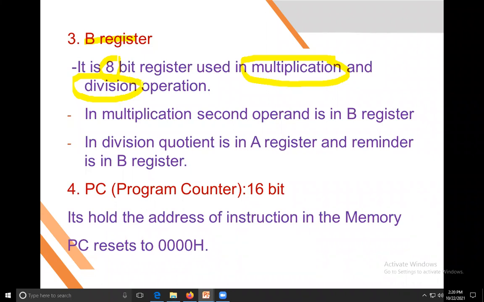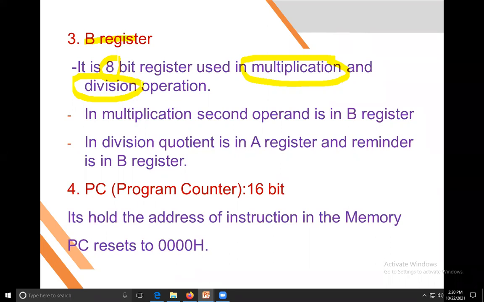But the problem is that multiplying 8-bit numbers gives a 16-bit answer. Where do we store this 16-bit data? For that purpose, we use the accumulator and register B. The higher order, or MSB, data is stored in register A, the accumulator, and the lower order is stored in register B.